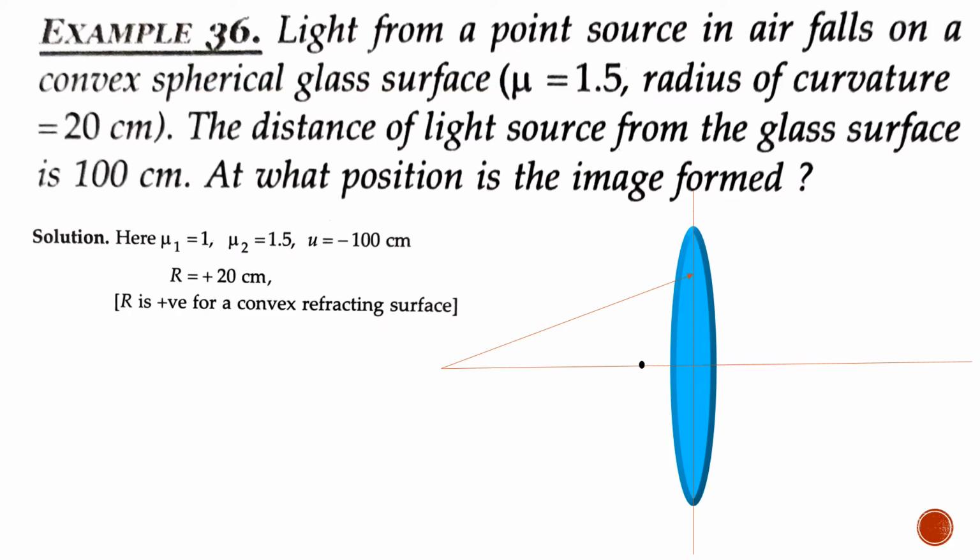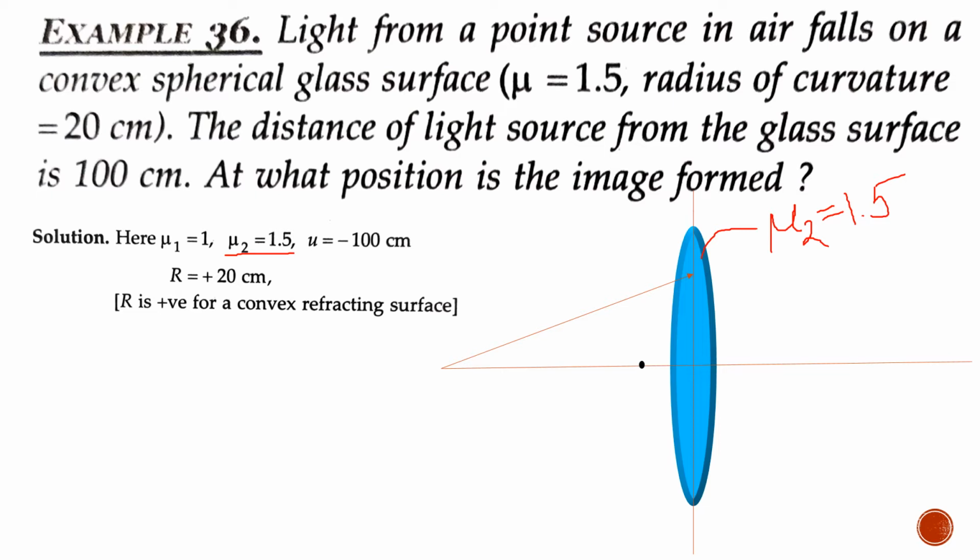So let's consider the glass surface as having refractive index mu2, and mu2 is 1.5.